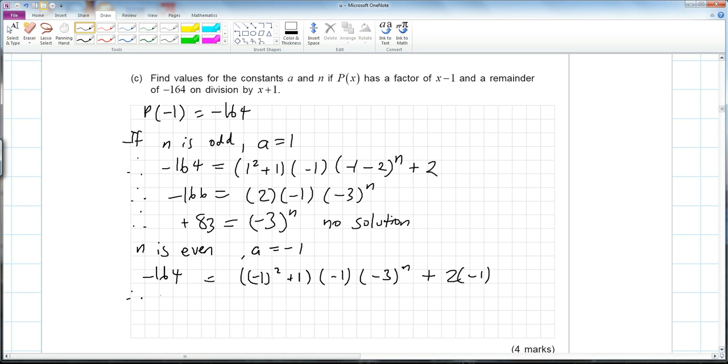Taking that over to the other side, that becomes minus 162 is equal to minus 2 times minus 3 to the power of n.